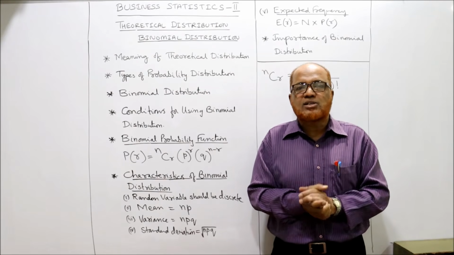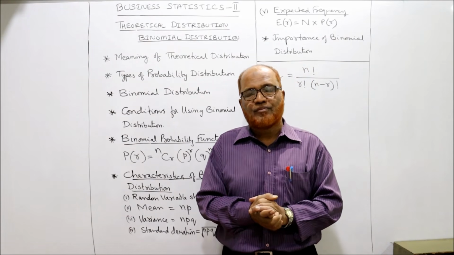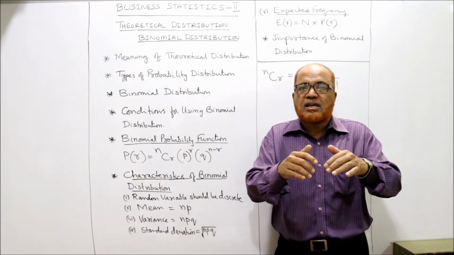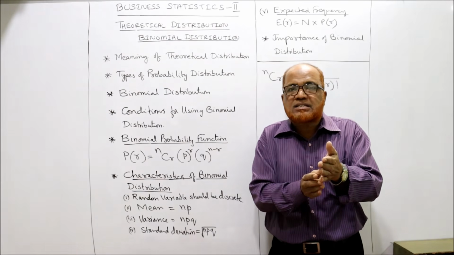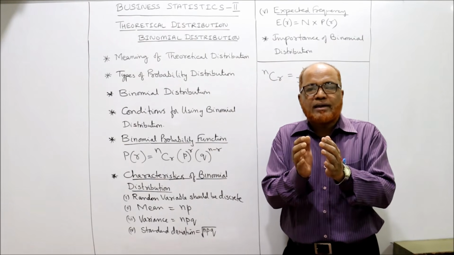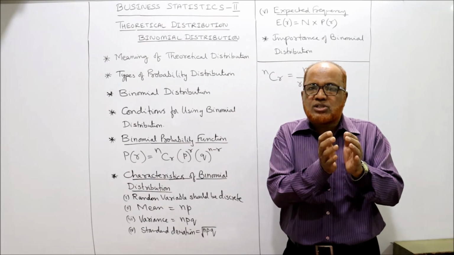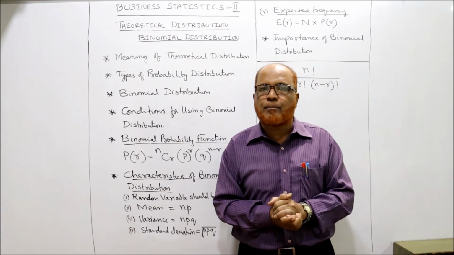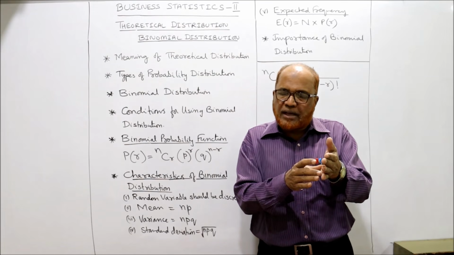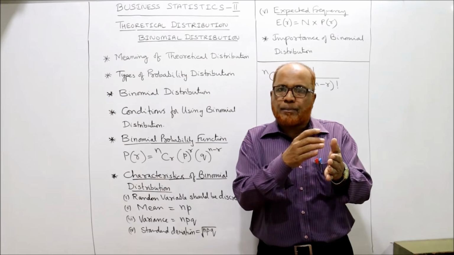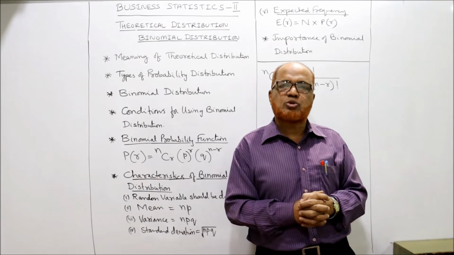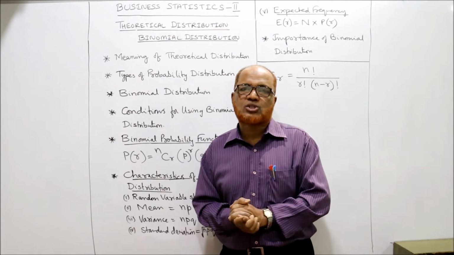The business organization has to make plans about the future. Future is uncertain, so we use probability. Probability distribution will give the information about the expected random variables. That's why this theoretical frequency distribution is very much needed in business organizations for their planning purpose. So making the frequency distribution mathematically, by past experience or according to some theoretical consideration, is called theoretical distribution.